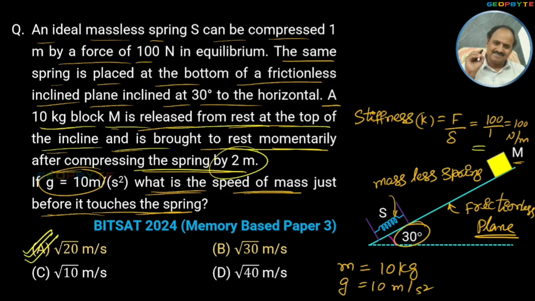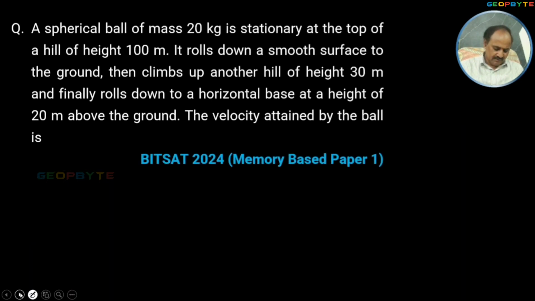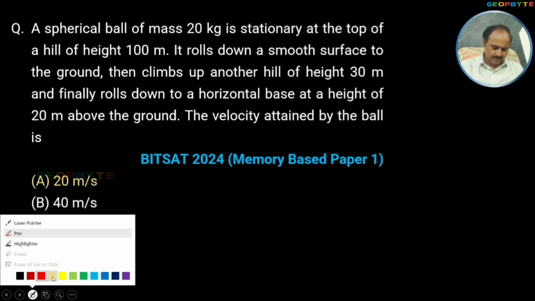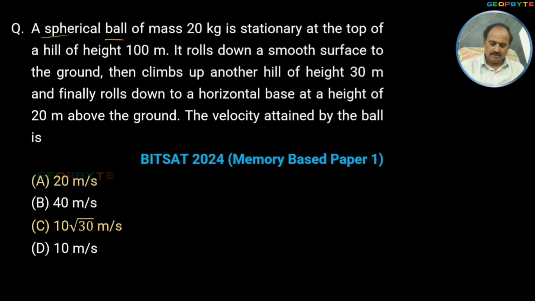Okay? Similarly, let us take another important problem. Look at the screen. It is asking like this: a spherical ball of mass 20 kg is stationary at the top of a hill of height 100 meters.